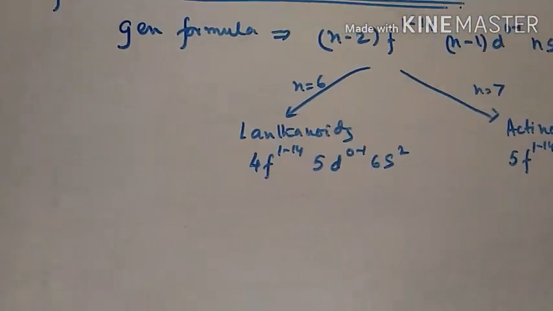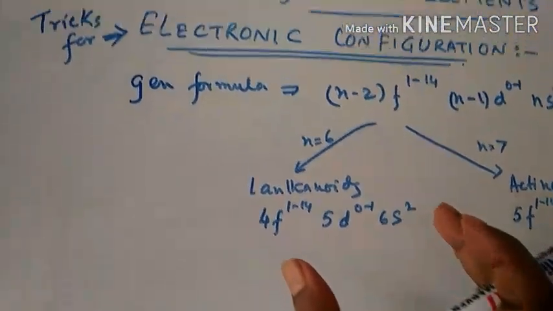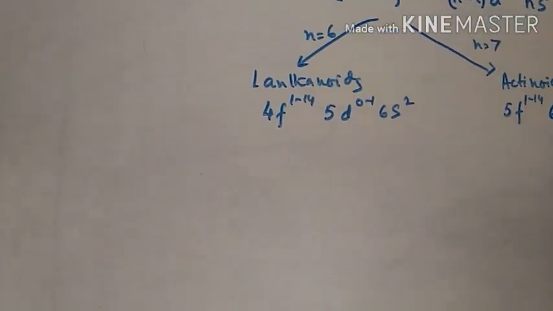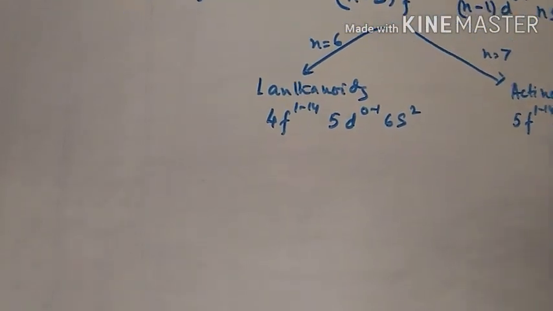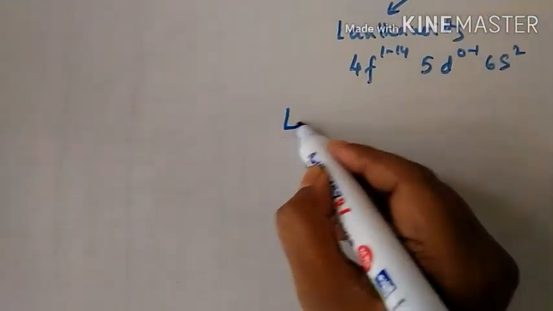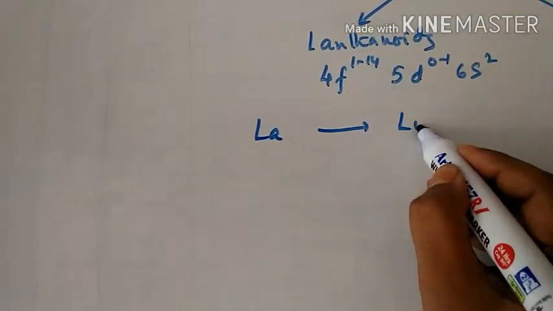Okay, now today in this video we are going to learn the electronic configuration of lanthanoids. Okay, so what about these lanthanoids? Here we'll get starting from lanthanum up to lutetium.